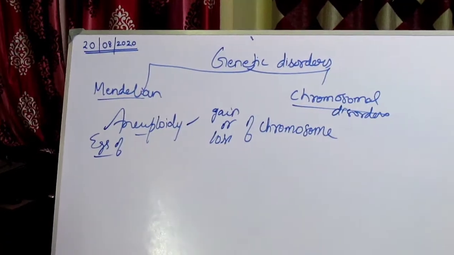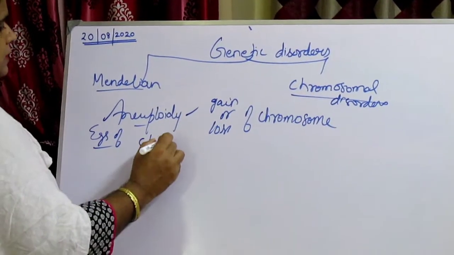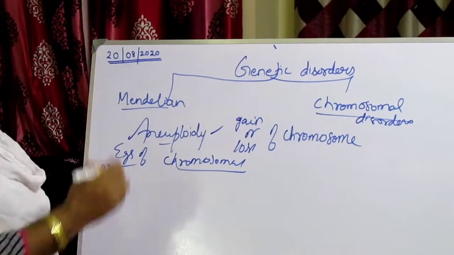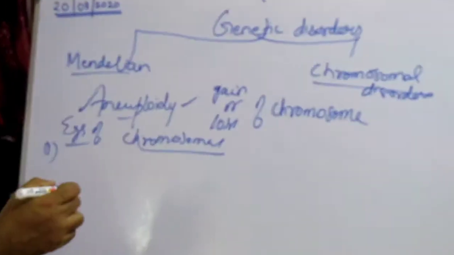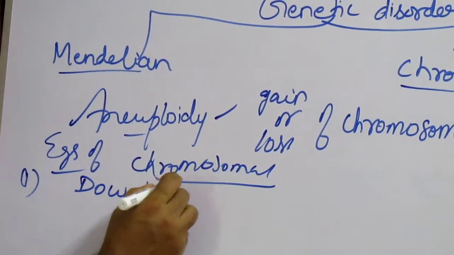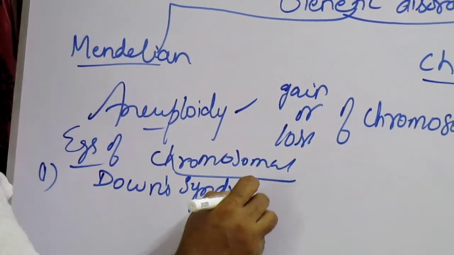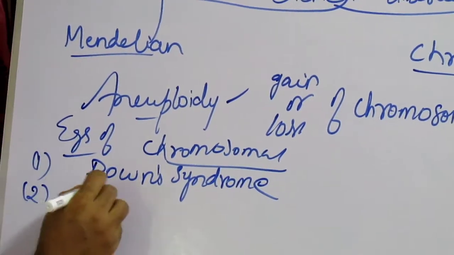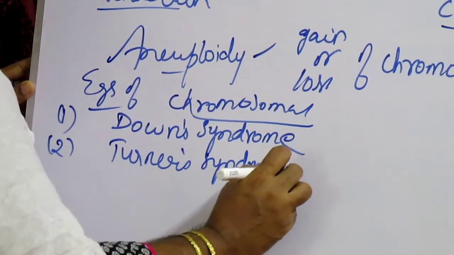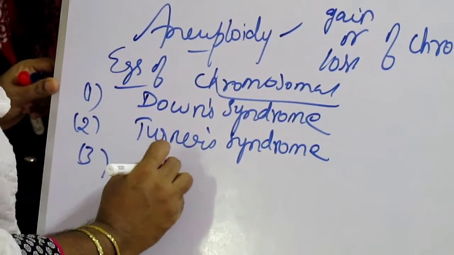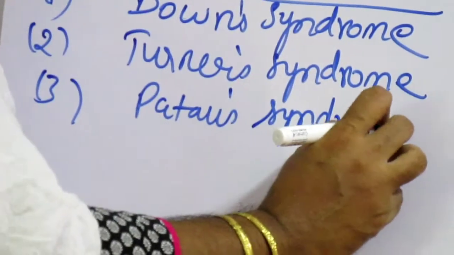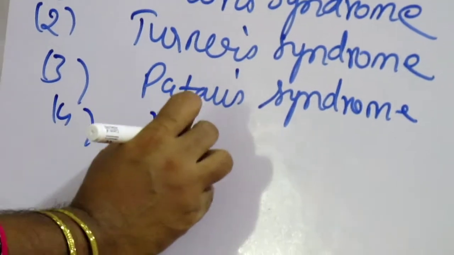What are the examples of chromosomal abnormalities? Down syndrome, Turner syndrome, Patau syndrome, and Klinefelter syndrome.